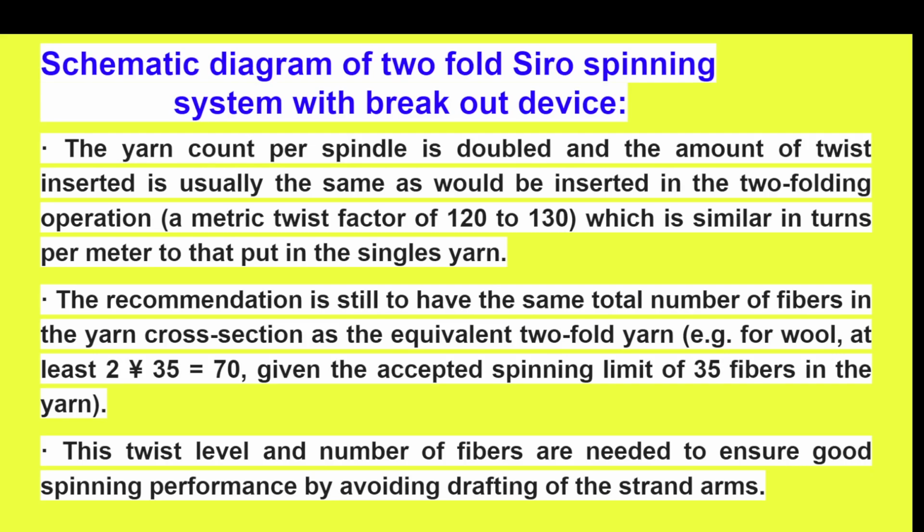As per example, you can see for wool at least 2 by 35, it means 35 fibers will be there in each ply, and in Siro spun yarn of two-folded yarn there will be 70 fibers, given the accepted spinning limit of 35 fibers in the yarn.